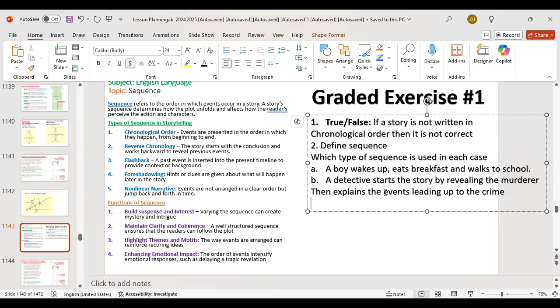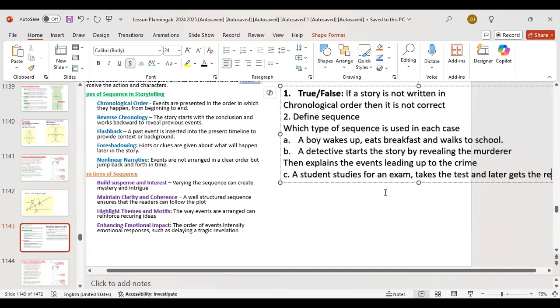C, a student studies for an exam, takes the test, and later gets the results.